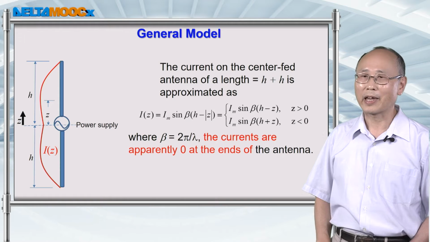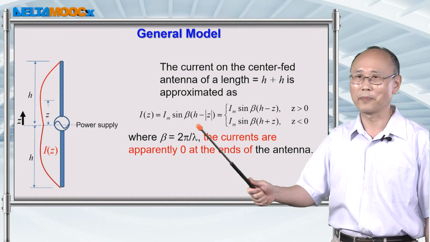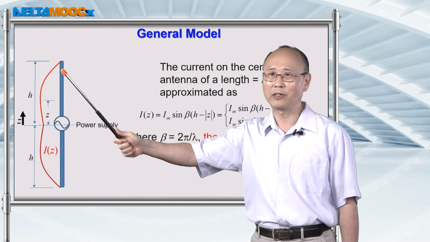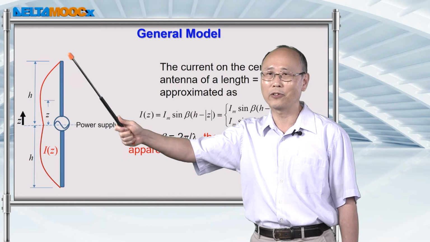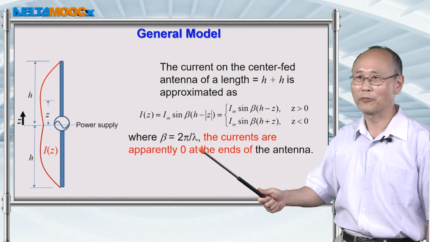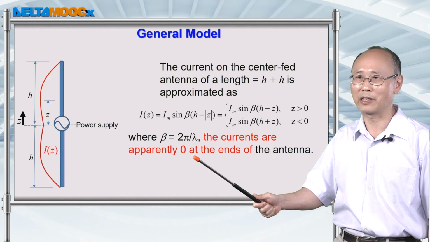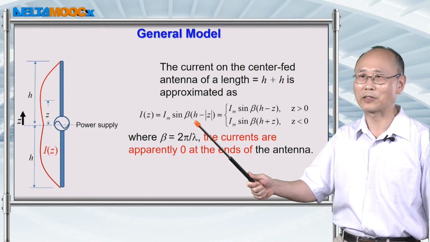And important thing is that you need to set a boundary condition into this formula. The boundary condition is that the current is going to be 0 at the end of the rod, because the electron, the current cannot go through this boundary. So if you set the current to be 0 at the end of the rod, then you end up having this expression.